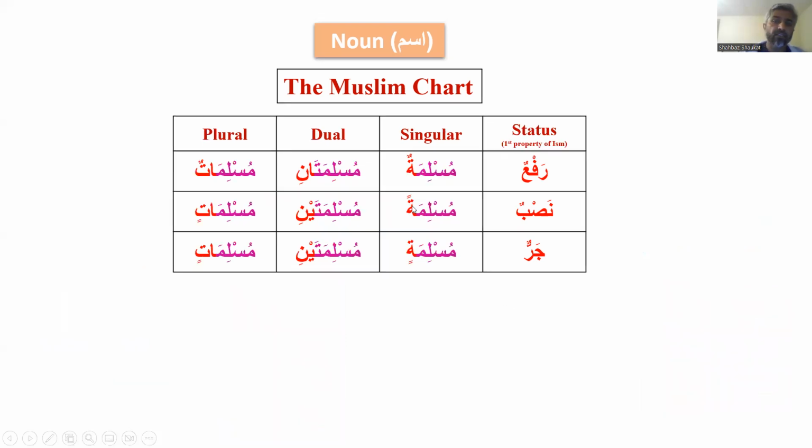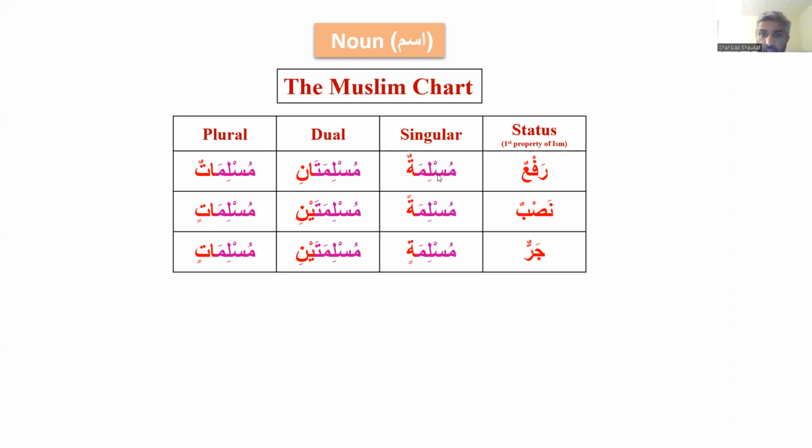We are back to the Muslim chart, but for the feminine gender now. You have already seen this chart before, and you are familiar with it. It's nothing new for you. So now we will apply the knowledge we have gained from the masculine Muslim chart to the feminine Muslim chart.